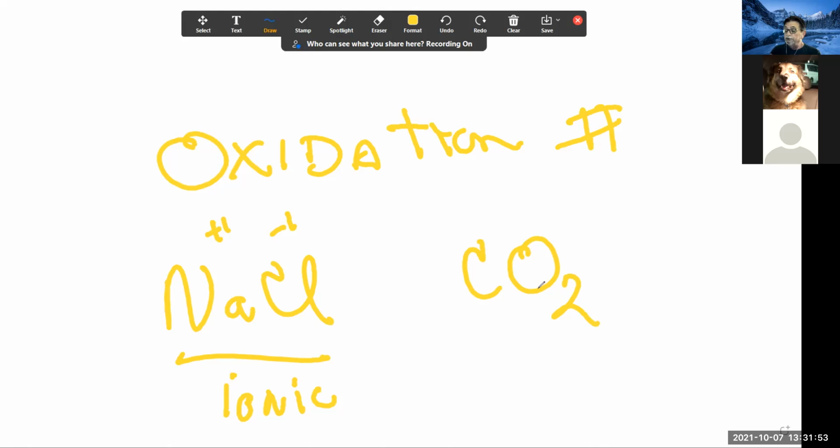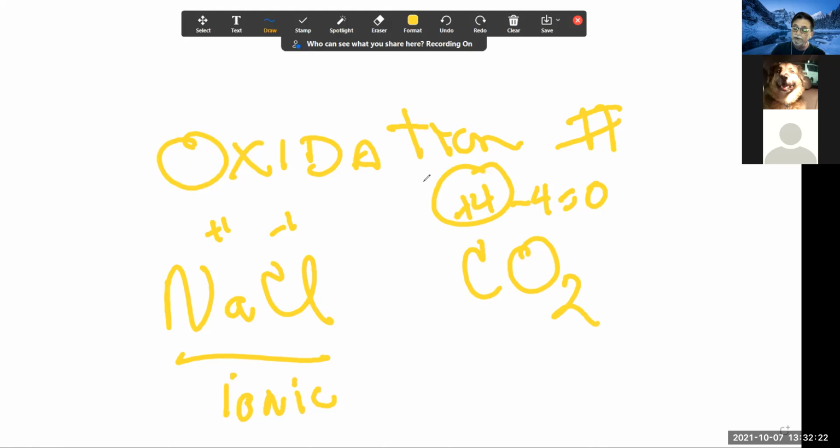We know that the oxygens, be it in a ionic compound or be it in a covalent compound, they each have a -2 charge. They're in group 6. They will have an oxidation number of -2. There are 2 of them, so that means I got a -4 for the oxygens. What does that imply? That the carbon in this scenario must be a +2 charge, oxidation number.